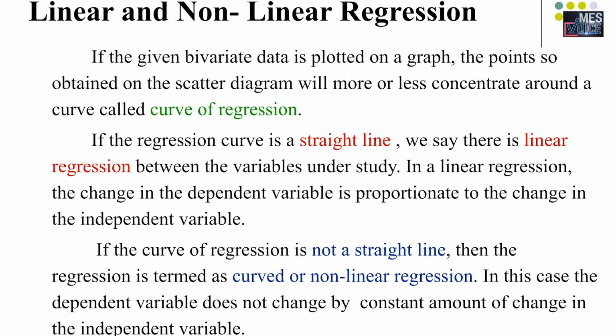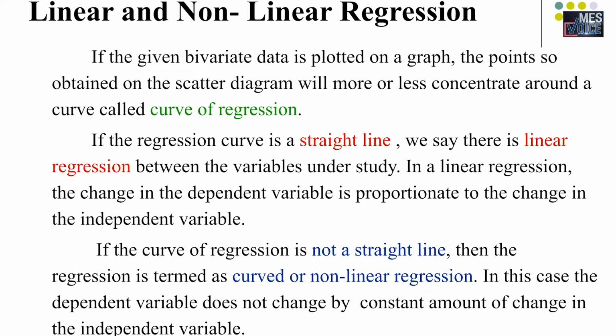In a linear regression, the change in the dependent variable is proportionate to the change in the independent variable. If the curve of regression is not a straight line, then the regression is termed curved or non-linear regression. In this case, the dependent variable does not change by a constant amount for a change in the independent variable.